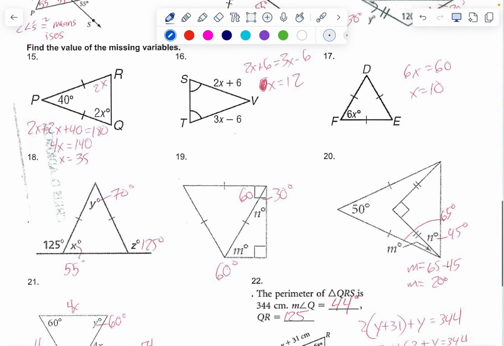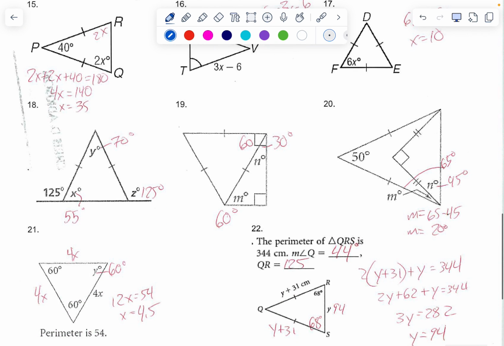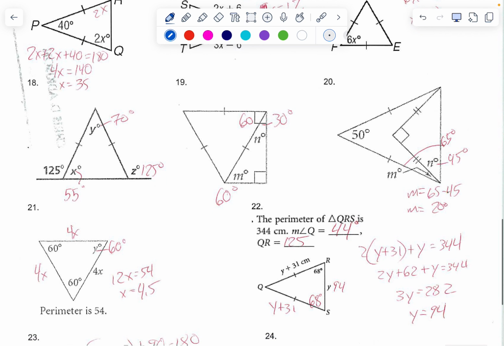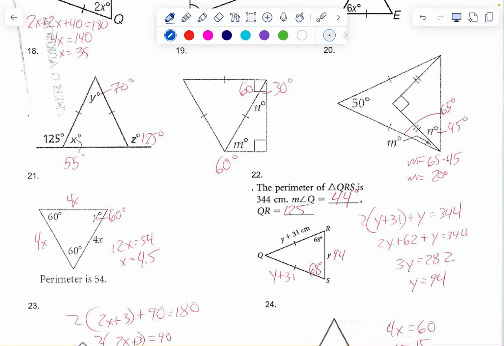15. X is 35. 16, x is 12. 17, x is 10. 18, x is 55. Y is 70. 19, n is 30. M is 60. 20, n is 45.